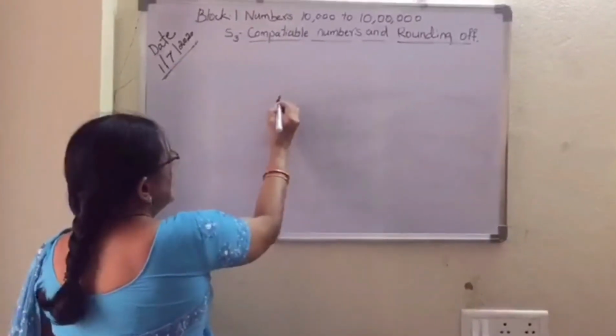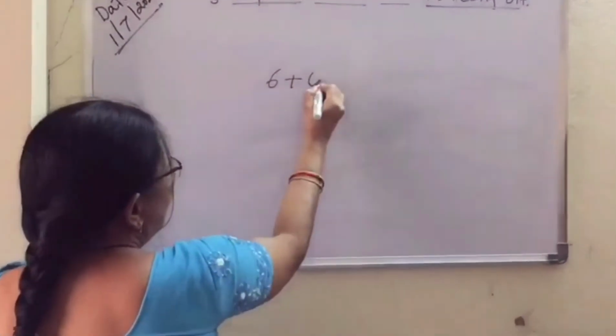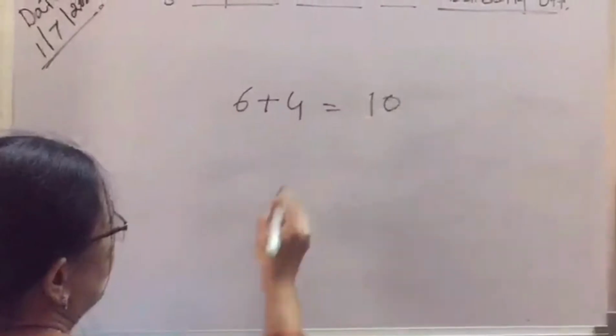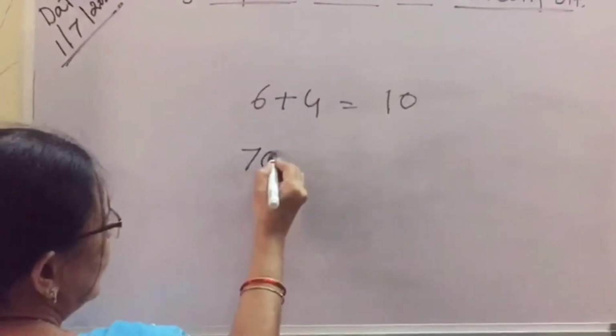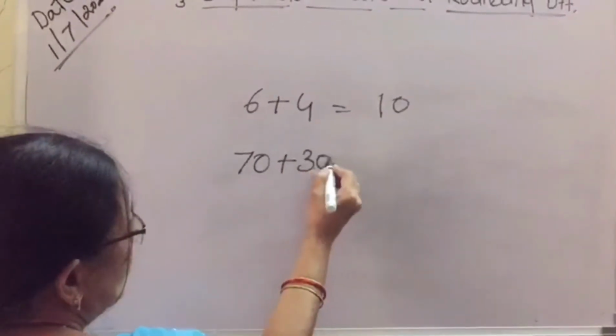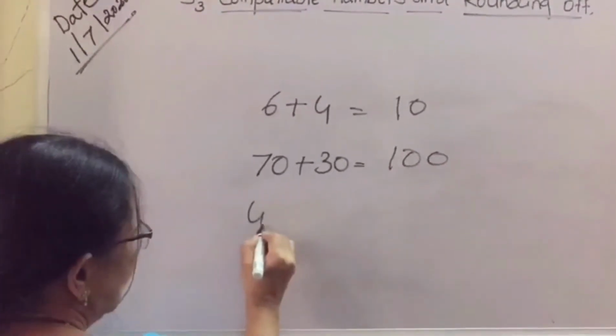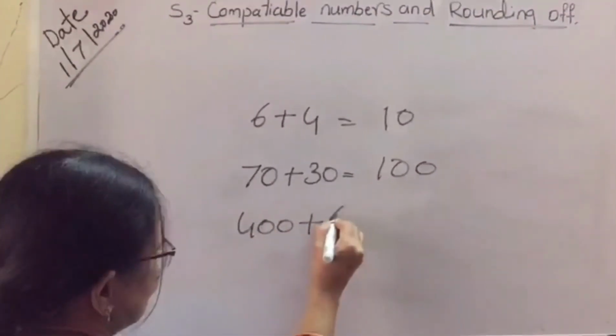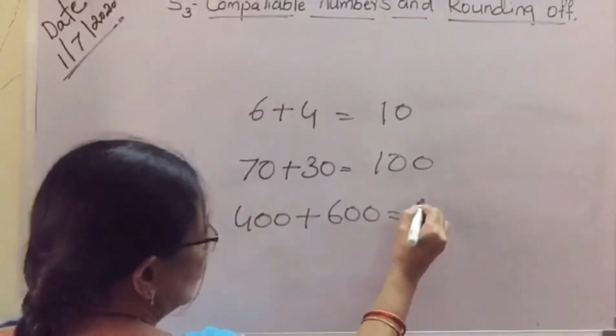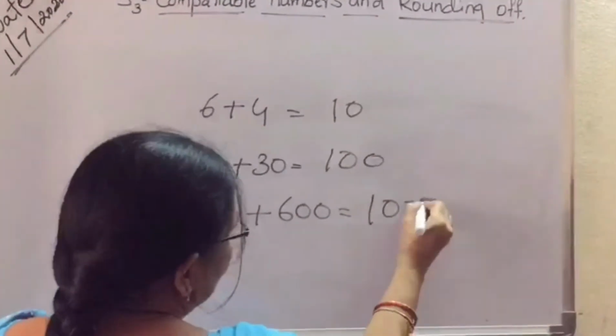Okay, children. Now 6 plus 4 is equal to 10. 70 plus 30 is equal to 100, and 400 plus 600 is equal to 1000.